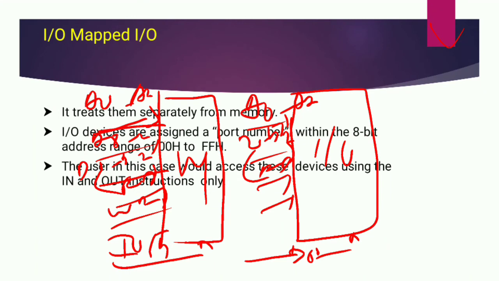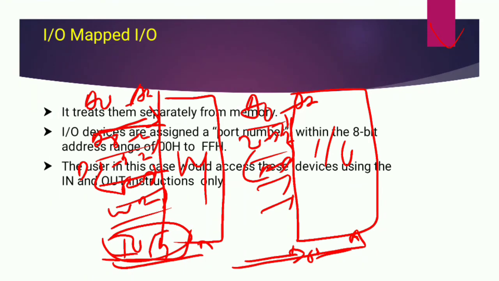So the Intel 8085 issues an IO/M bar signal for this purpose. When this signal IO/M bar is high, then the address on the address bus is for an IO device. When this signal is low, the address on the address bus is for a memory location.